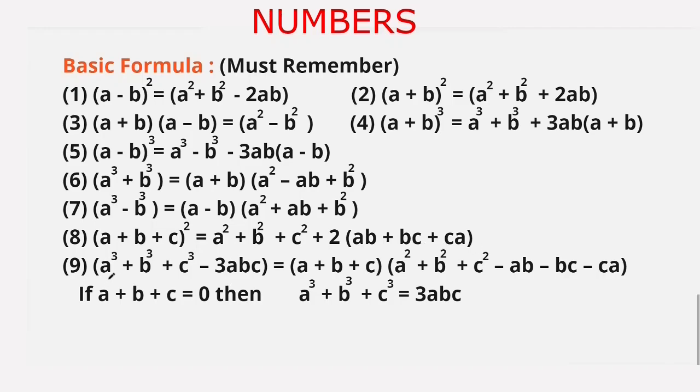Ninth formula, a cube plus b cube plus c cube minus 3abc equal to, in the first bracket, a plus b plus c into, in the second bracket, a square plus b square plus c square minus ab minus bc minus ca. And in this formula, if the sum a plus b plus c equal to 0, then a cube plus b cube plus c cube equal to 3abc.